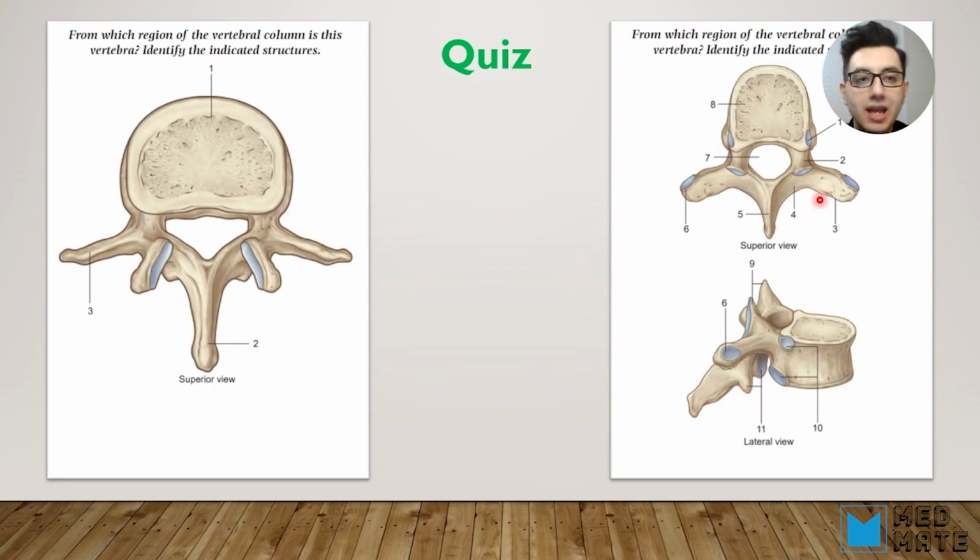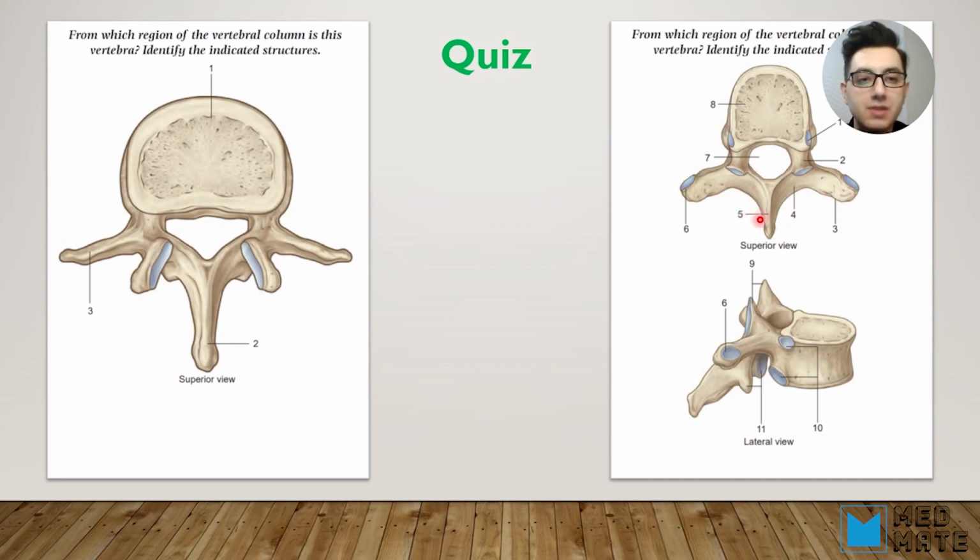Now let's name the parts that are numbered. Number 1 is the superior costal facet. Number 2 is the pedicle. Number 4 is the lamina. Number 3 is the transverse process.